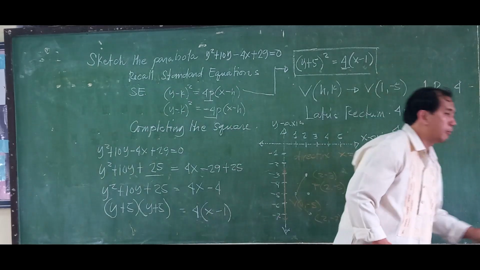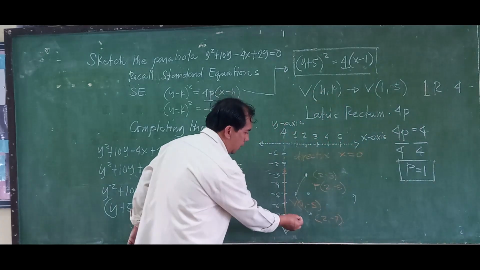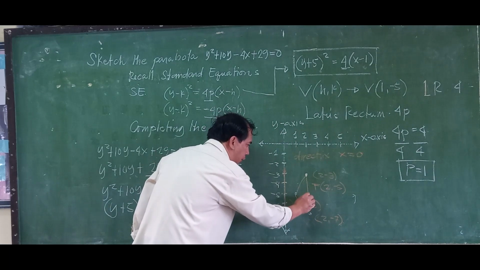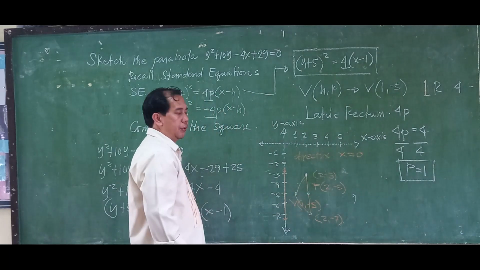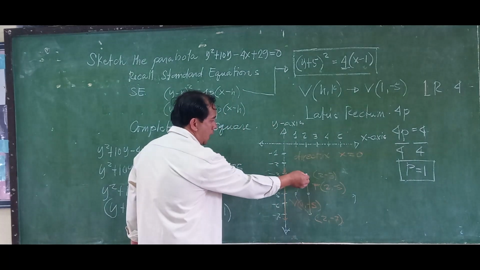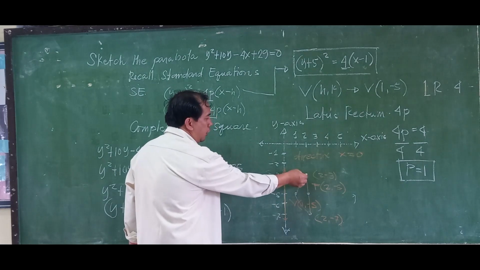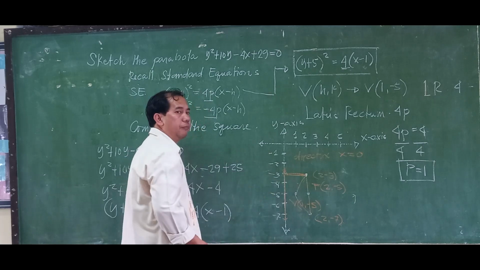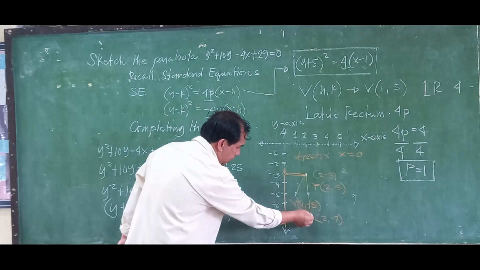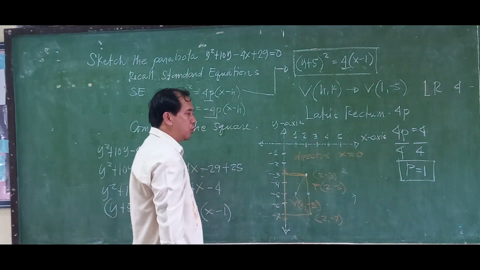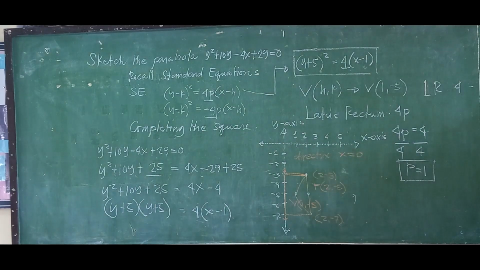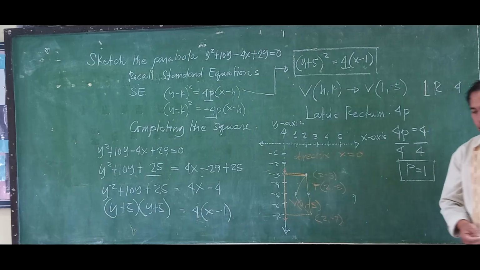After plotting them, that's the time we connect the latus rectum. That's the time we connect any point going to the directrix. What did we say about the directrix and the half of the latus rectum?